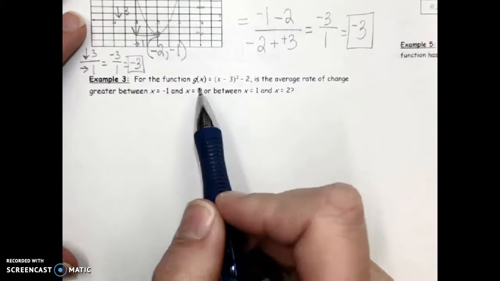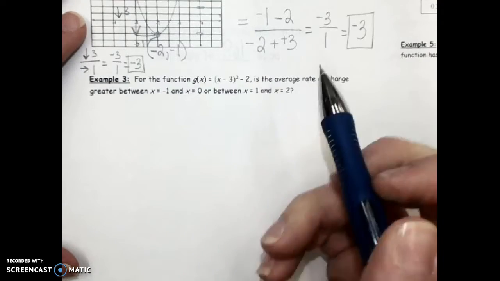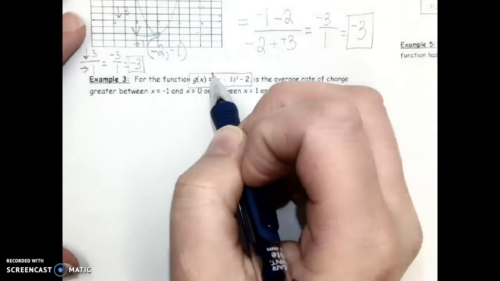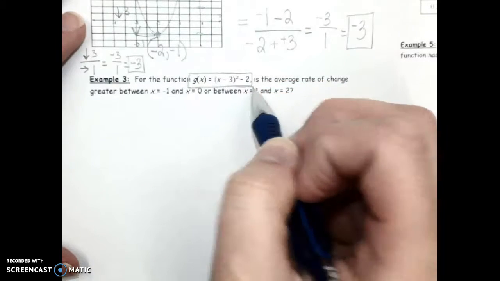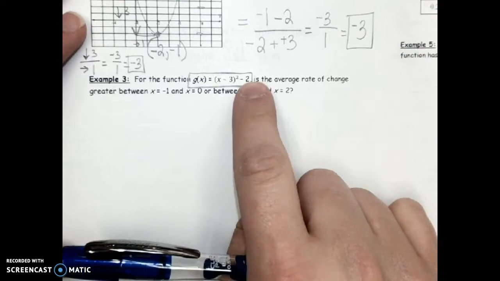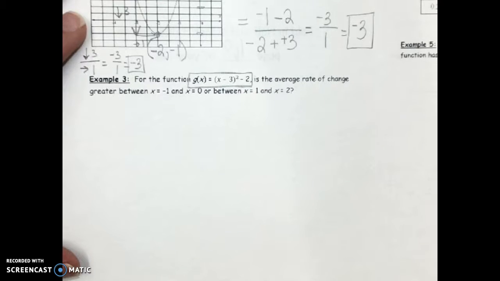This is your function, including the minus 2. I suggest that you put a box or a circle around the entire function, so you don't leave something out. Otherwise, you're going to forget to write this minus 2 in your formulas when you plug it in, and you're going to get the answer wrong every single time.